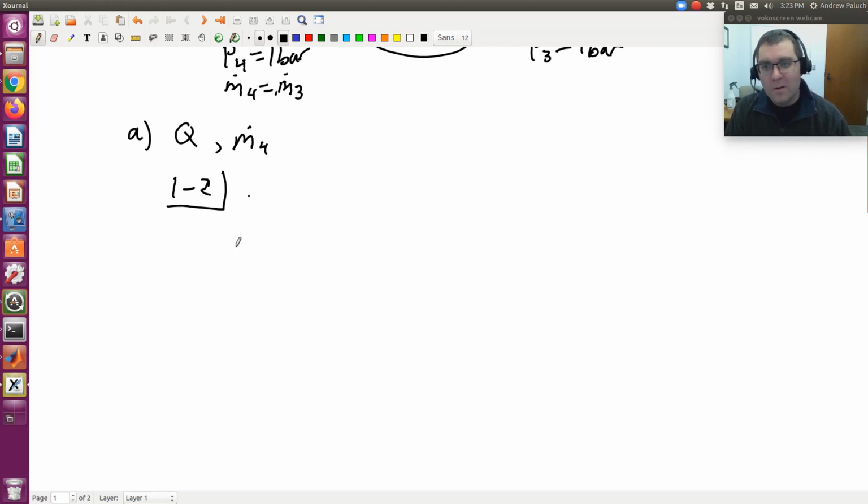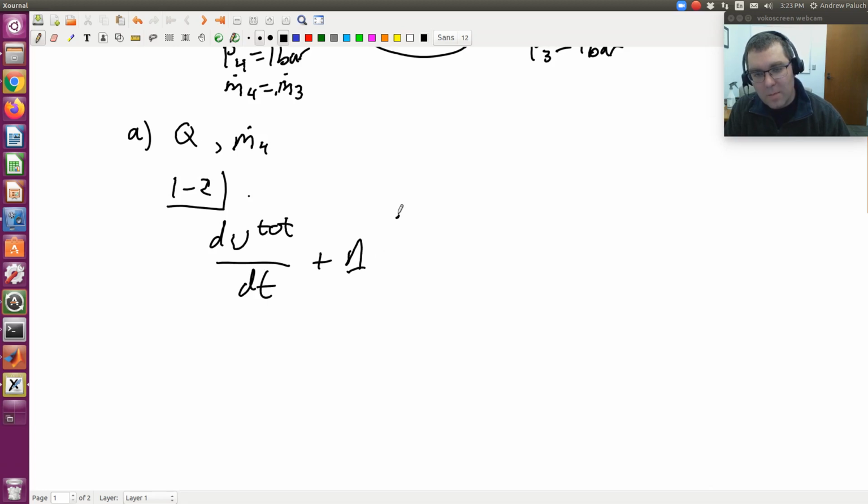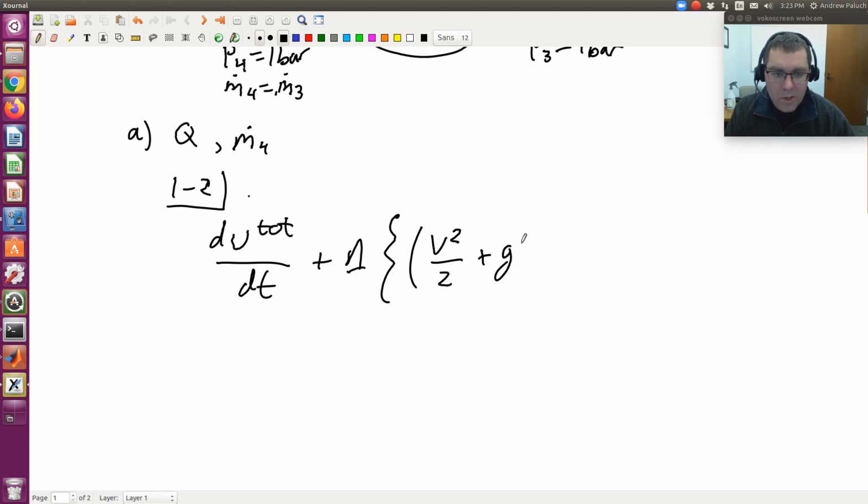I'll start with my first law balance for my open system. So dU total/dt plus delta of change in kinetic energy, plus change in potential energy, plus change in enthalpy.